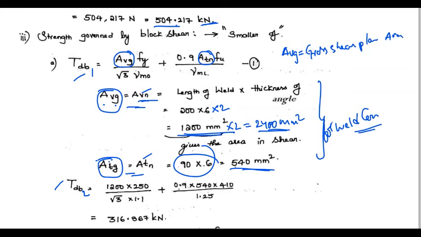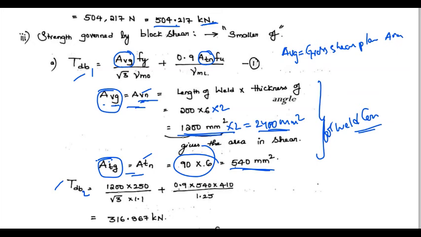Because of the bolt hole, the cross section area at a particular section decreases. That value has to be taken out. But in case of welding, no bolts are there, so these two values are going to be equal.